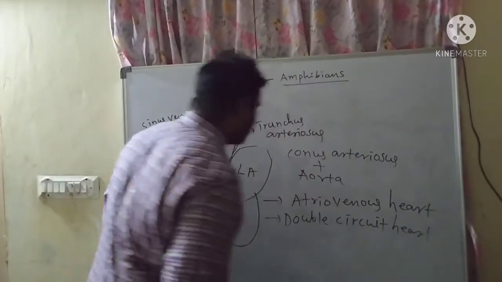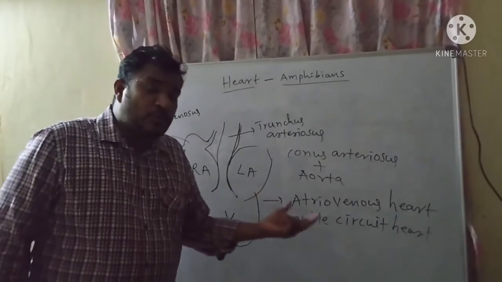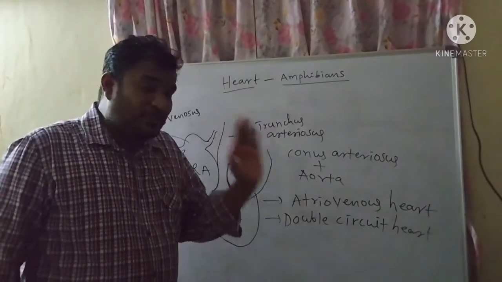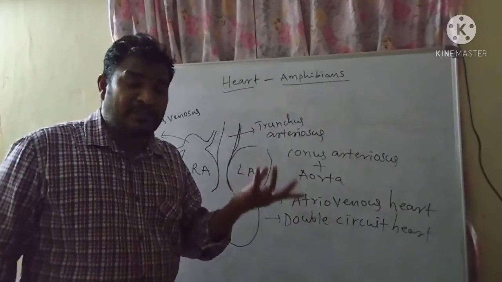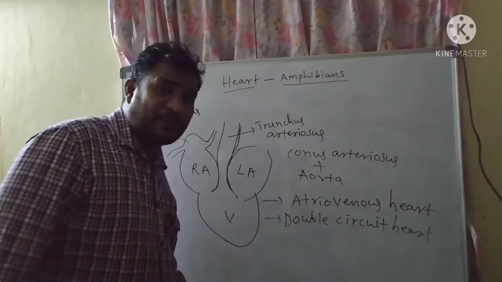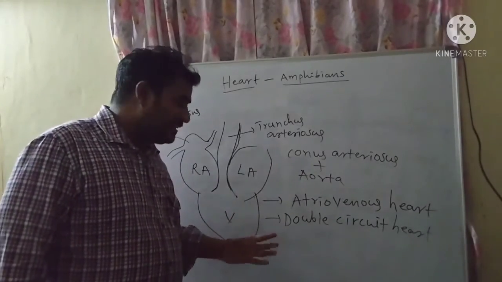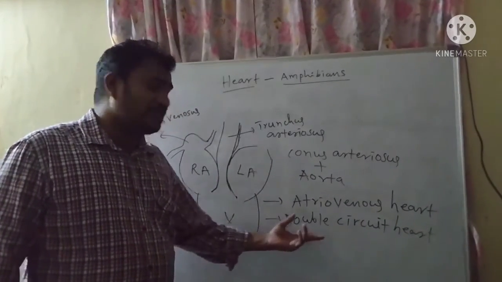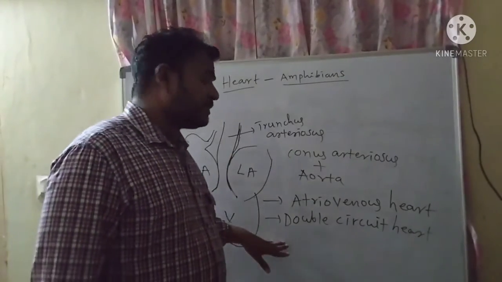Why is it called double circuit heart? Before blood is transported to the body organs, the blood is passed to the heart twice: once between the heart and body parts, and next between the heart and lungs. Then that is called a double circuit heart. Such kind of circulation is called double circulation.